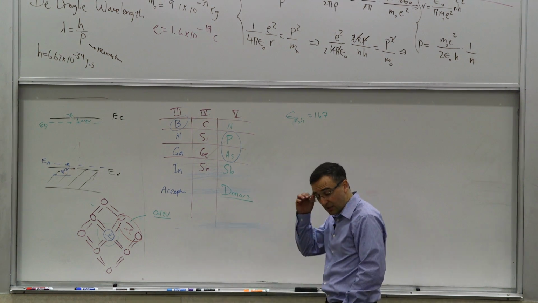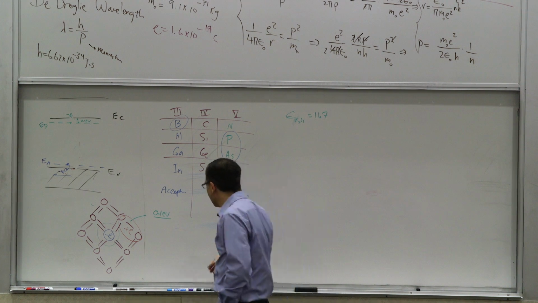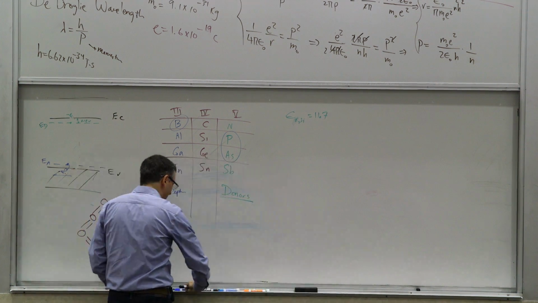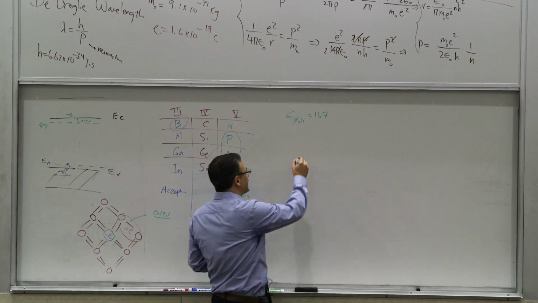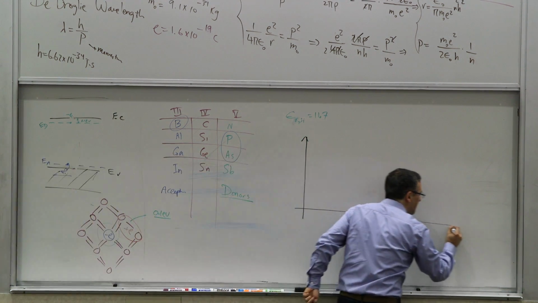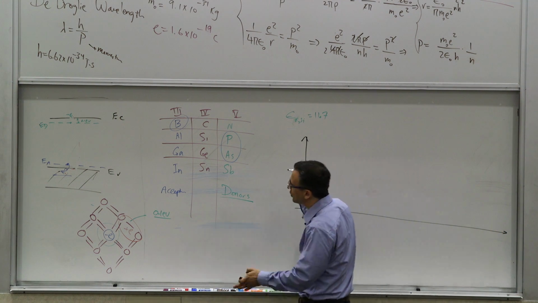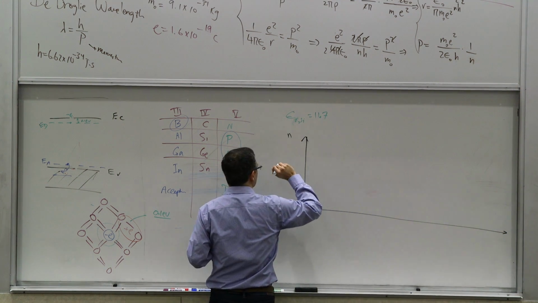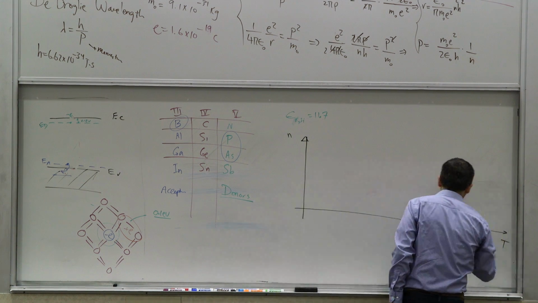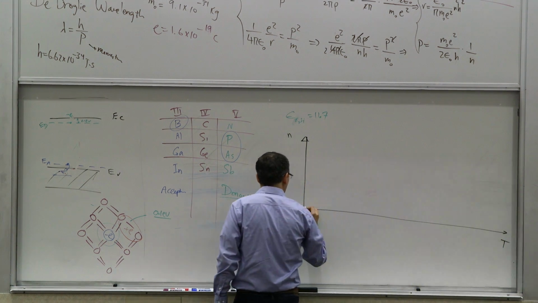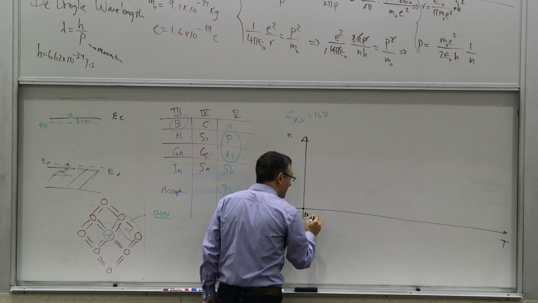So a couple other comments on this. What determines when this ionization happens? Well, it's the temperature, right? If you think about a situation where you have a donor introduced, and you're looking at the number of electrons, shown with N, versus the absolute temperature. What is the number of free electrons at 0 Kelvin?